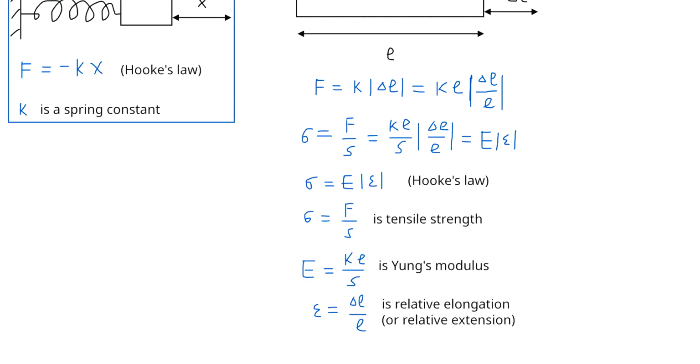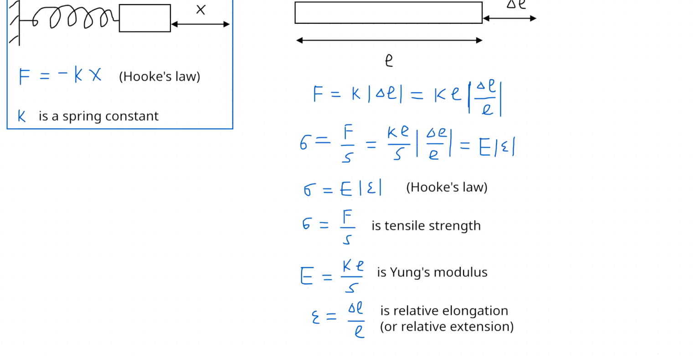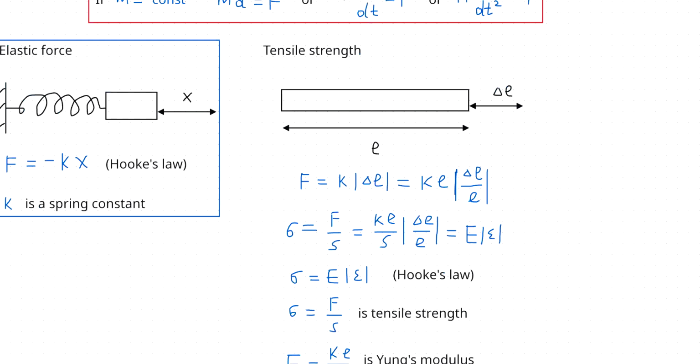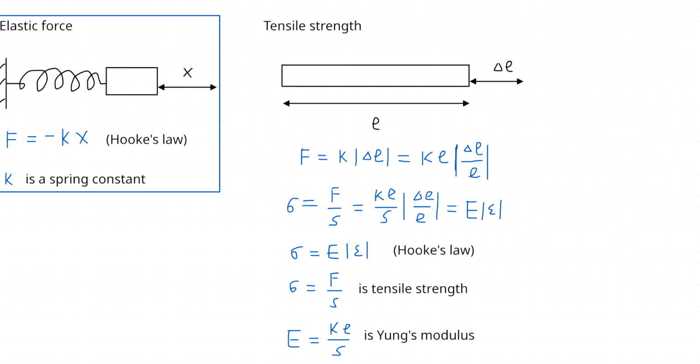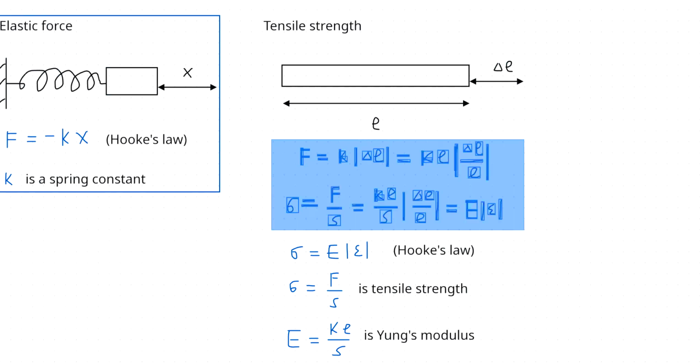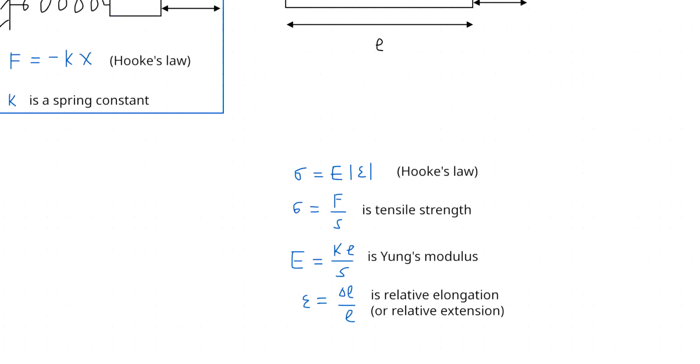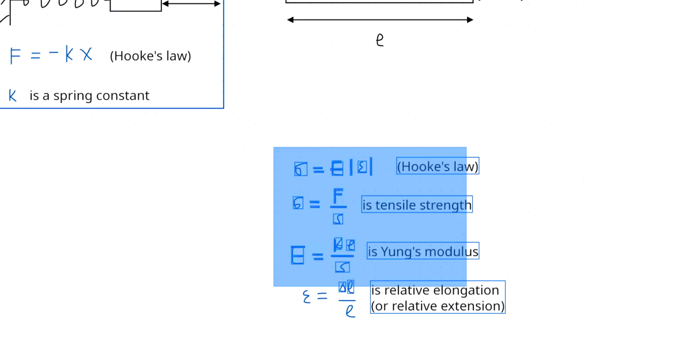So these values are in Hooke's law for this rod, Hooke's law for tensile strength. This is another form of Hooke's law.